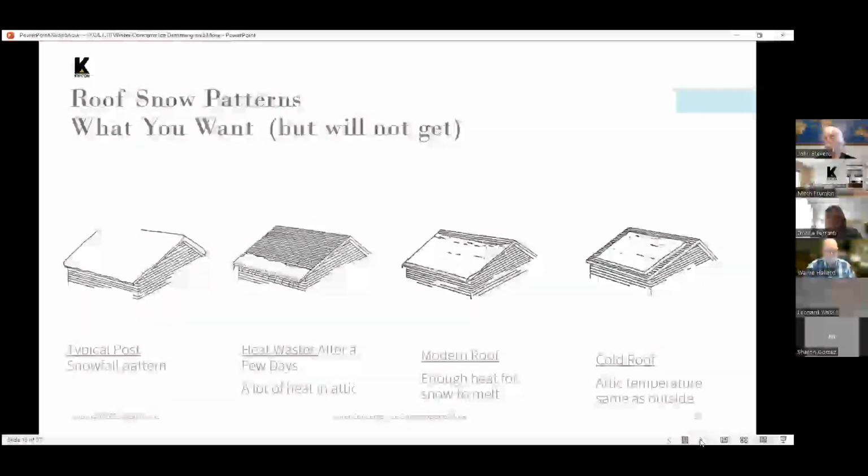And if you can achieve an attic temperature the same as the outside, you won't get much melting, and you won't get the water running down and then refreezing at the eave and causing the ice dams to start and build up. And that's the goal, a cold roof, but it's not that easy to achieve. And I'll talk a little bit more about that as we go along.